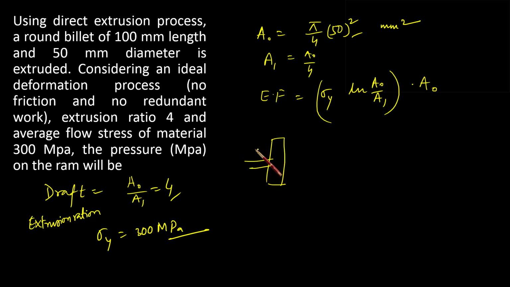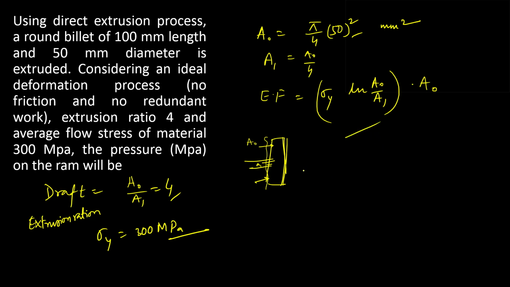We cannot take a1 because the force is applied on this, so that will be a naught calculated. So just put all the values and we will get the value.